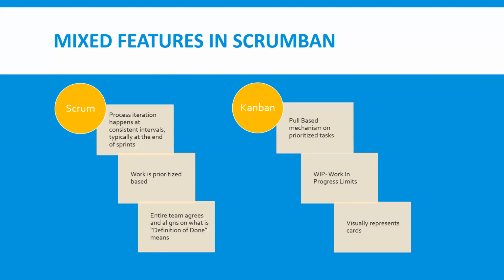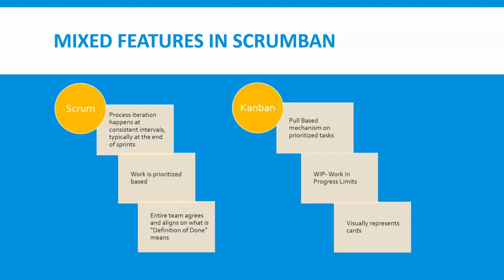Next, we can check the mixed features in Scrumban. So both of the things, Scrum and Kanban, we are putting together, right? So how will the mixed features be implemented and merged for your Scrumban? In Scrum, the process iteration happens at consistent intervals, typically at the end of the sprint.